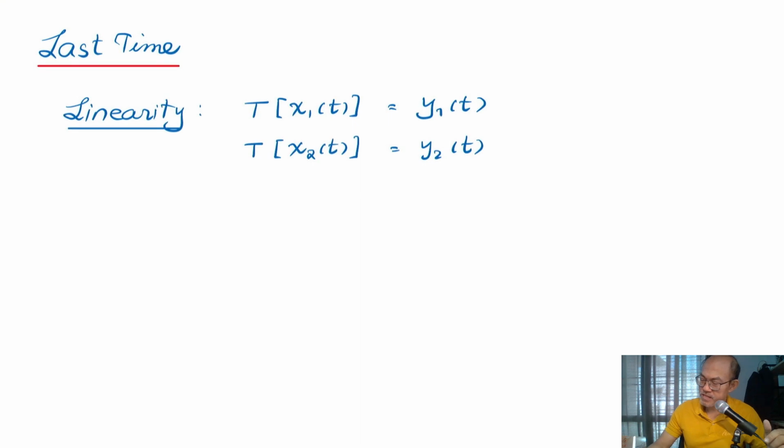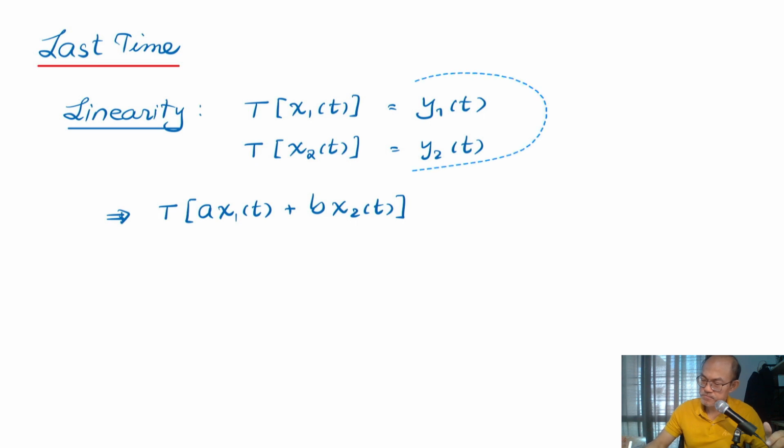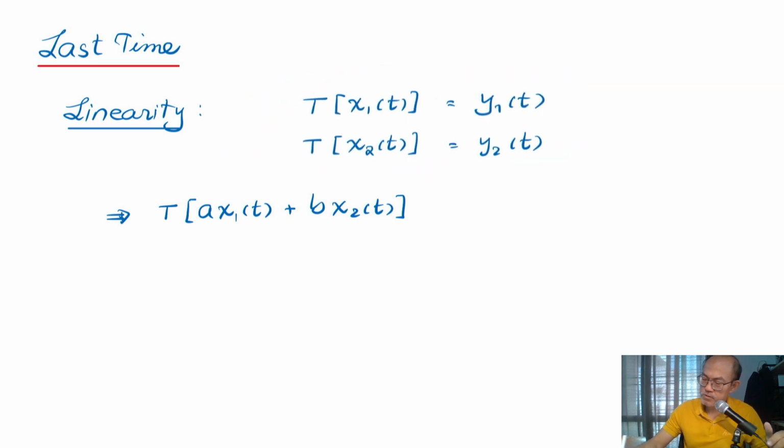if the system T is linear, we're going to have, if we have a linear combination between x1 and x2, this is called a linear combination, the output would be the linear combination of y1 and y2 as well.